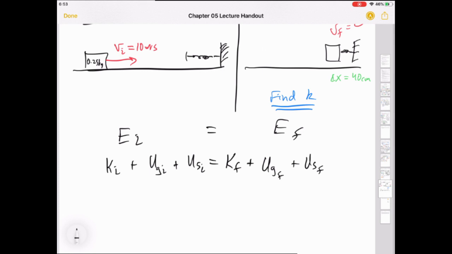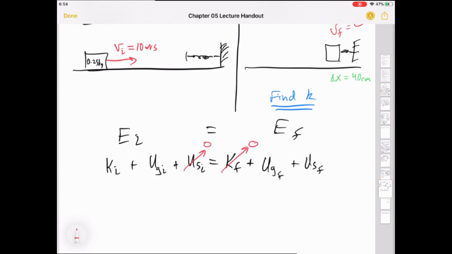A couple of these we can cross off immediately. Initially, the spring is not compressed, so initially delta x is 0. So I expect there to be no stored energy in that spring. Finally, the speed is 0, so there's no kinetic energy at this point that I've called final. And let's think about gravity. Do I need to think about gravity here?